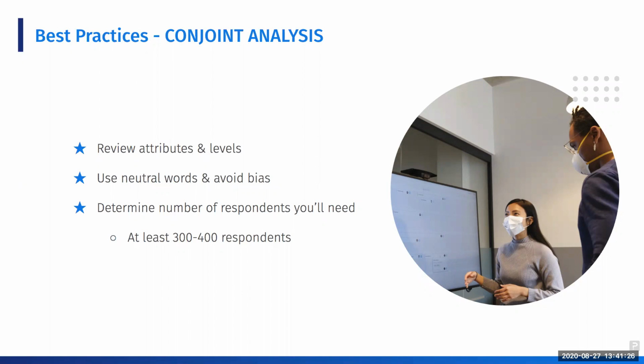So you want to keep it neutral, because you know that there isn't going to be bias or a lack of neutrality in the decision-making process when your consumers are at a store or shopping online. You really want it to reflect a real-life purchase decision, a purchase decision simulation, I guess you could say.